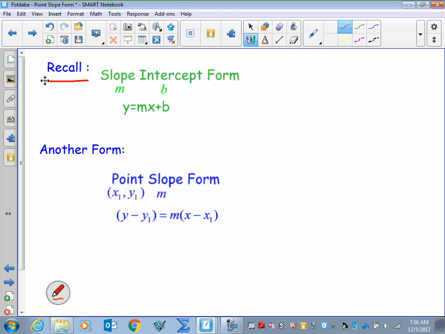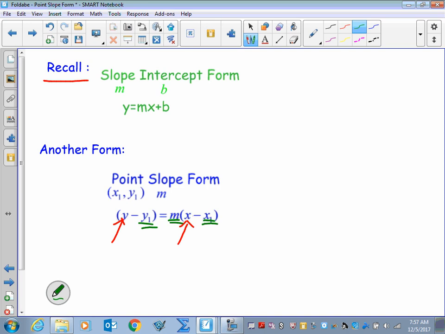Now, what you do also need to know is this y and this x, they are stationary. That means they don't move. Now, there are some specific cases where you may not have some other things, but I'll go over that later. But the only thing that you're actually filling in would be the y1, the m, and the x1. Those are the three numbers you have to fill in.